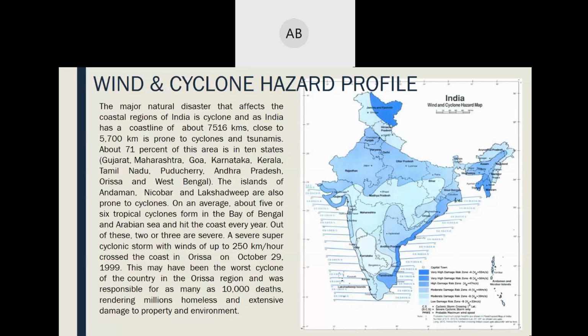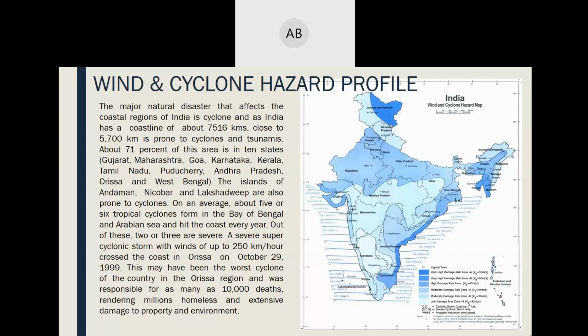So it's mostly the storms or the wind hazard profile. You see in the map that out of the whole country, some areas are more risk prone, and some areas have a lesser amount of risk. If it is an area with a higher risk, we see it in the dark blue color.